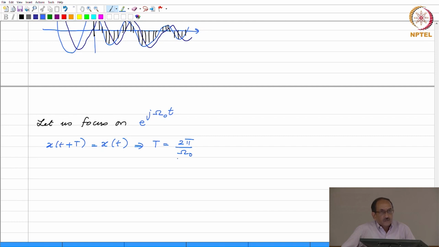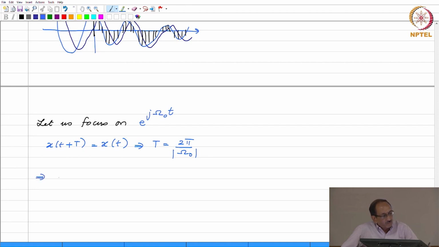Smallest non-zero number. So, what change do you have to make? N won't come here. What is missing is this, because we need the smallest non-negative number. So, this is always periodic with period cap T, no matter what omega naught is.